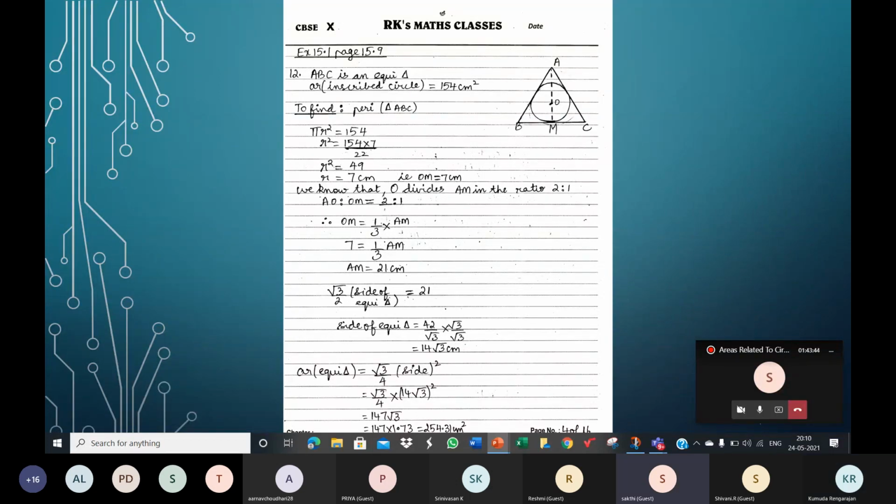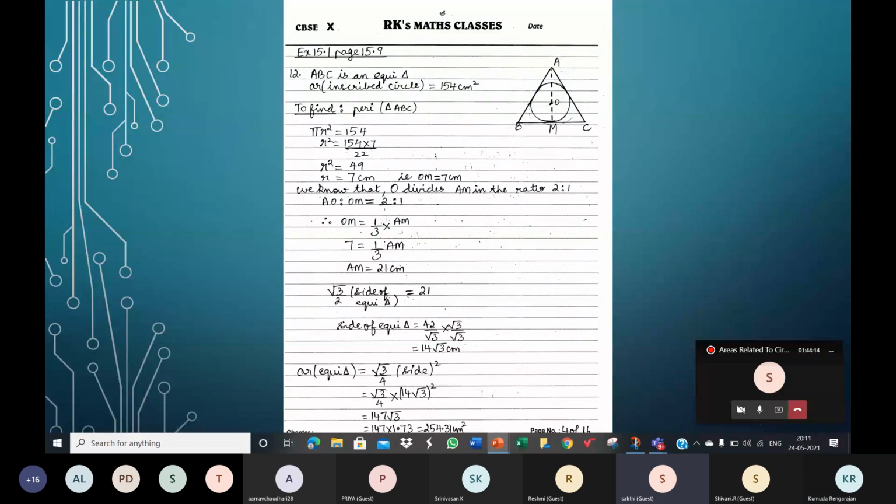To find the value of the side of the equilateral triangle, can we use the Pythagoras theorem? Yes, something you can find and use the Pythagoras theorem. I found it using the Pythagoras theorem.